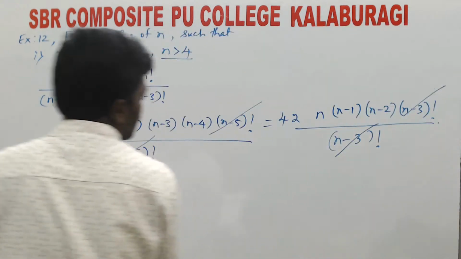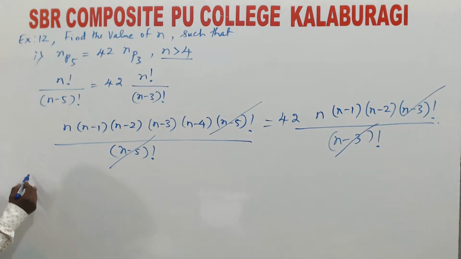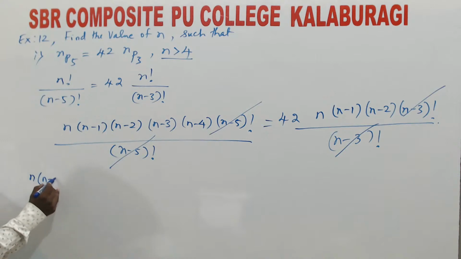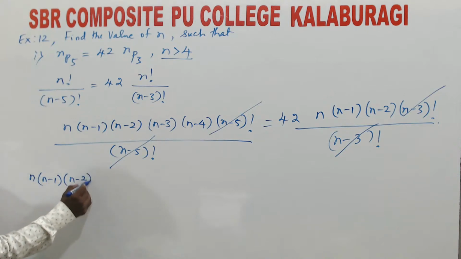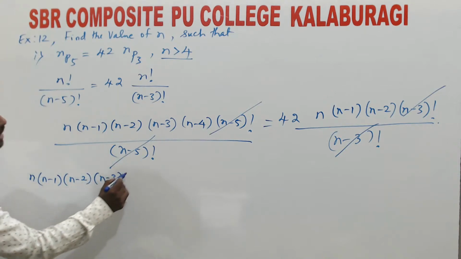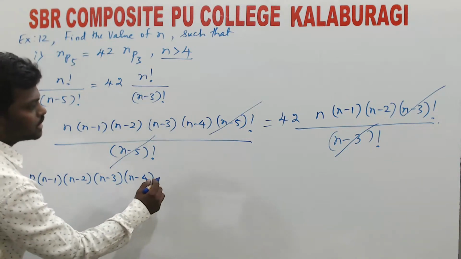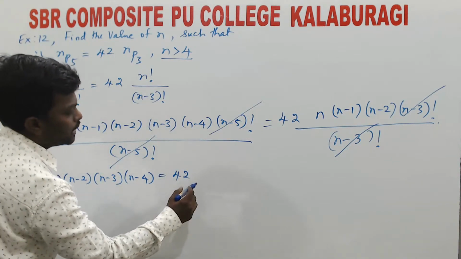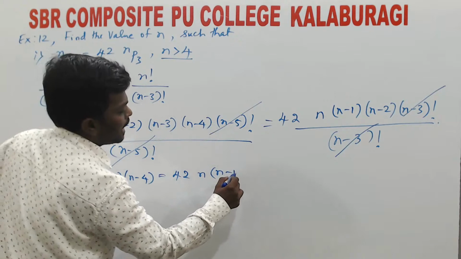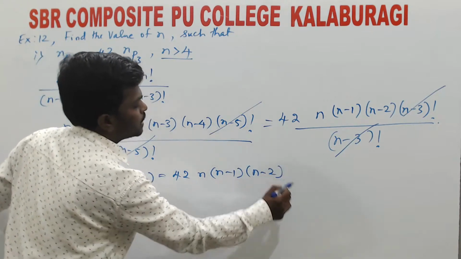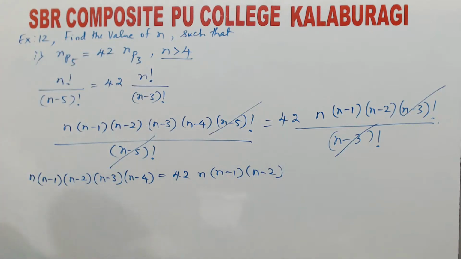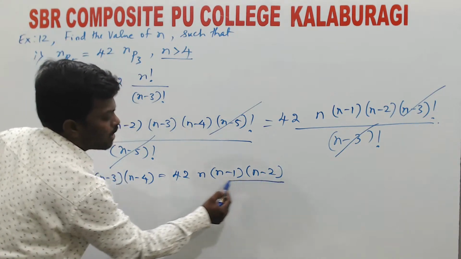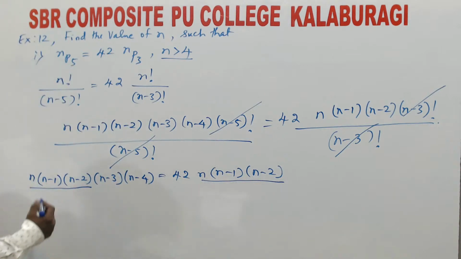So what are we left with? n into n minus 1, n minus 2, n minus 3, n minus 4, equal to 42 n into n minus 1, n minus 2. Now if you observe carefully, n into n minus 1 into n minus 2 are on both the sides. I can cancel them.